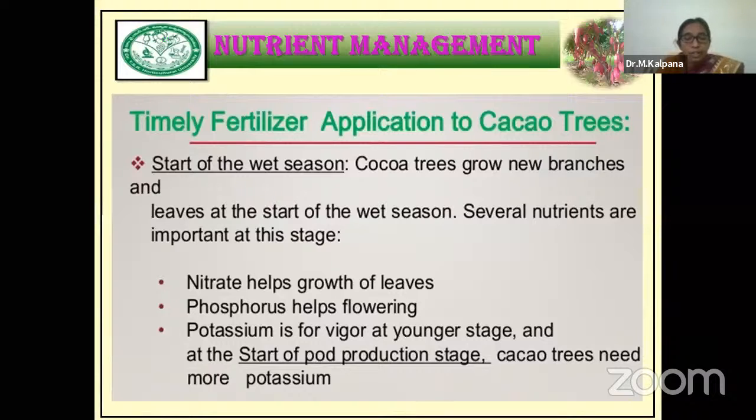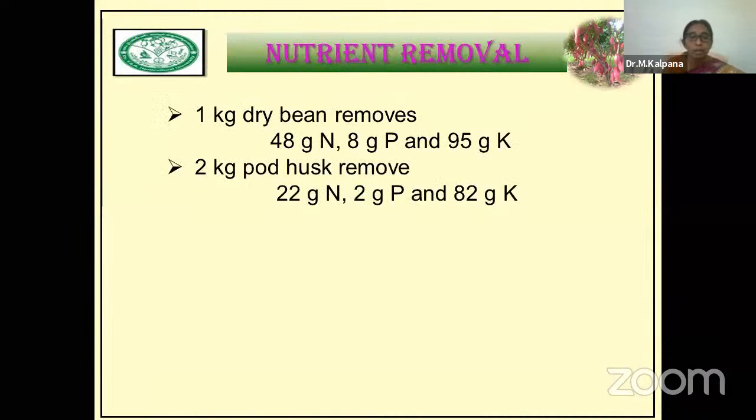Nitrogen helps in the growth of the leaves, phosphorus for flowering, and potash for vigor at the younger stage, and at a later stage it is very important for pod production and pod development. That's why the potash supplement has to be increased with the increase in the age of the tree. For a cocoa tree, as I already told, when it is grown as a solo crop, it will give almost 3 kg of dry bean.